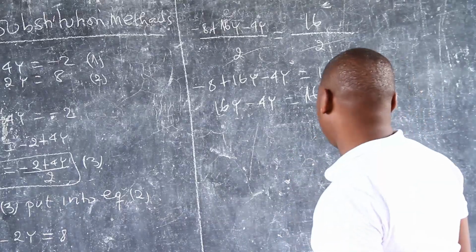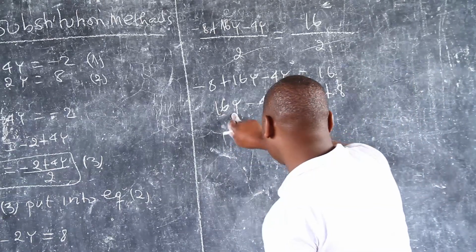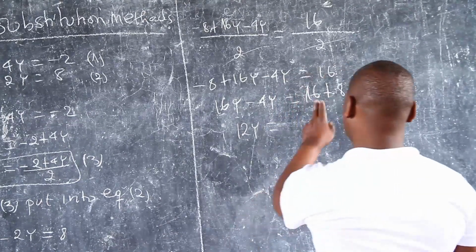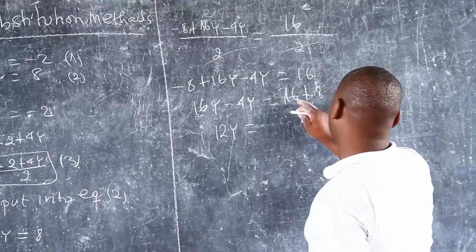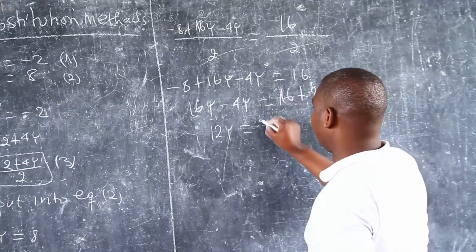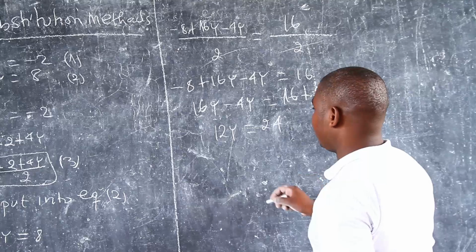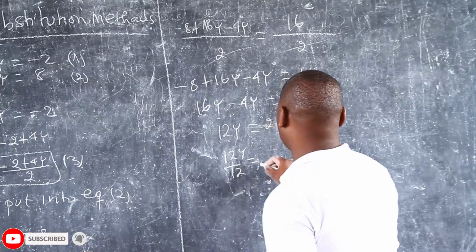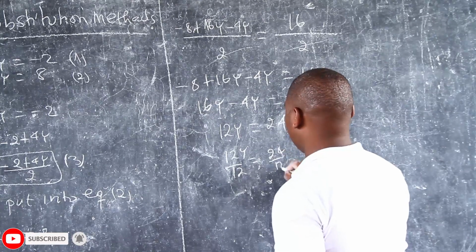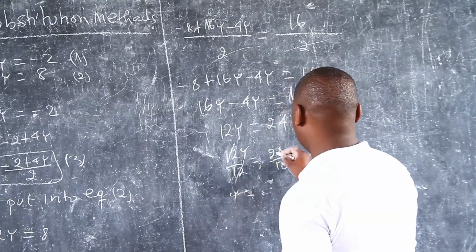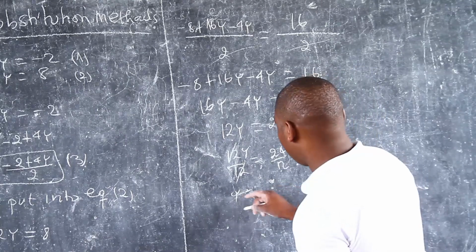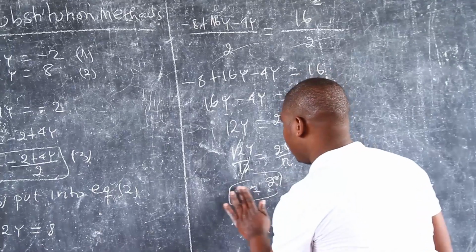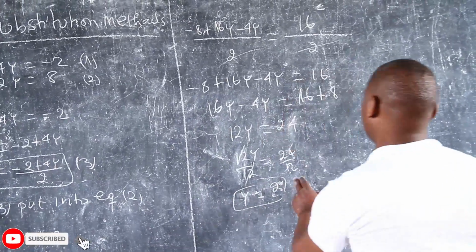Now, 16y minus 4y, I find 12y equal to 16 plus 8 equals 20, I think it will be 24. 12y over 12 will be equal to 24 over 12. Y will be equal to 2. The value of y will be equal to 2.